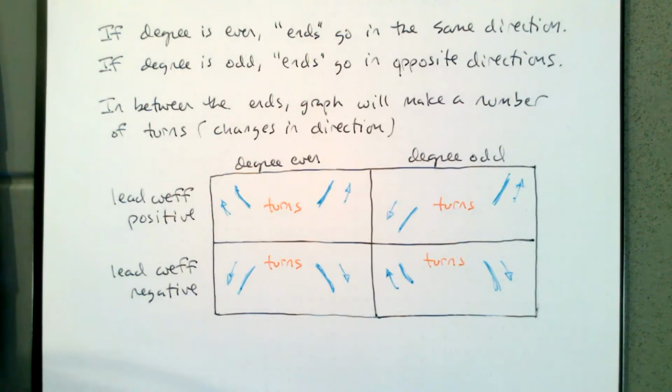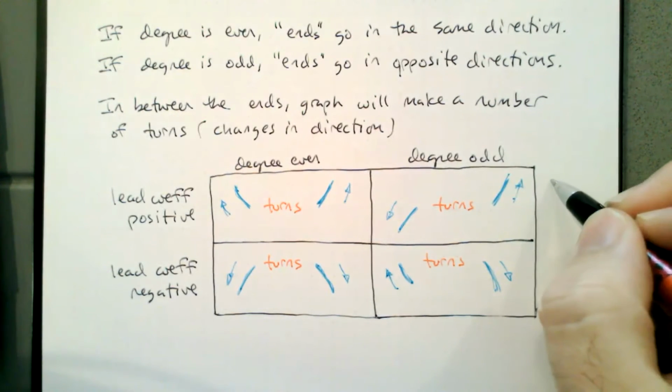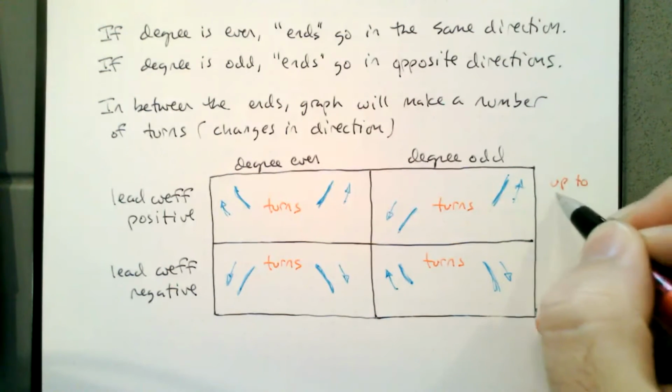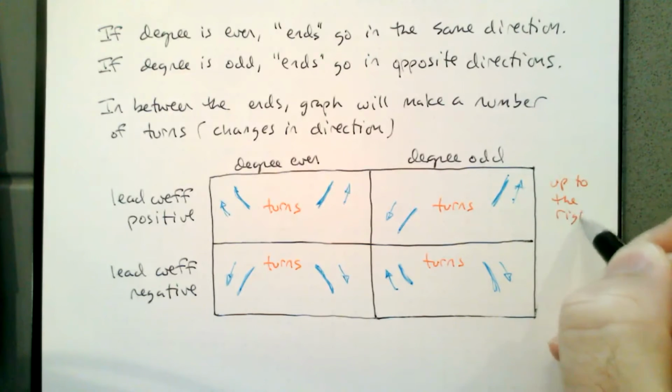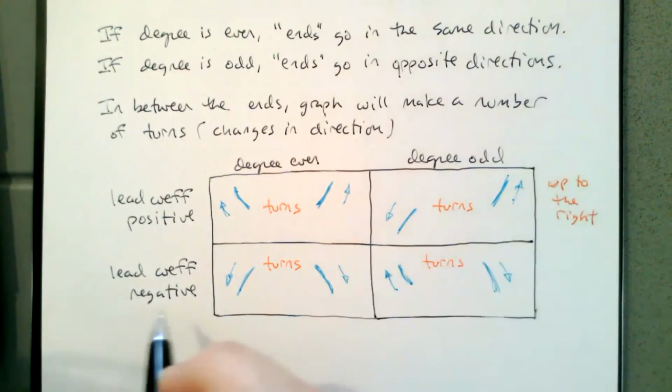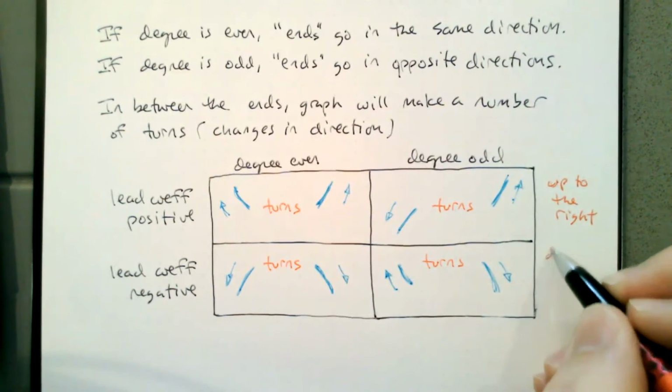So the leading coefficient tells us that the graph goes up to the right, and if the leading coefficient is negative, then the graph goes down to the right.